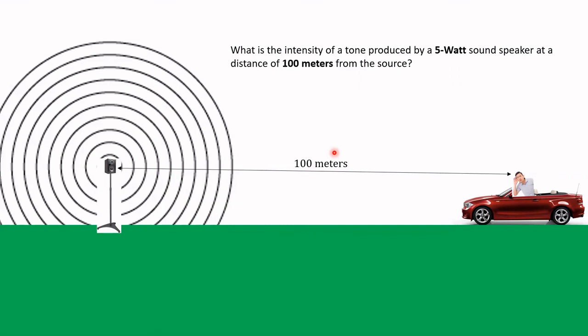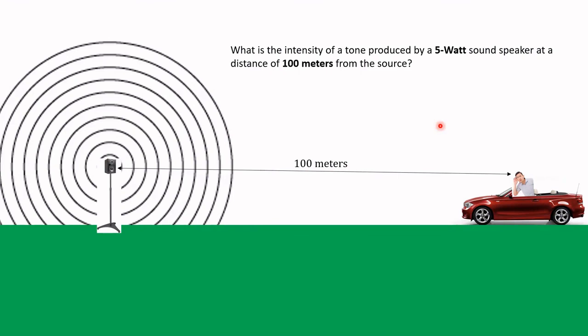So can we really be confident that the 5 watts of electrical power going into the speaker actually result in 5 watts of mechanical power that's conserved on its way out? Doubtful. So this calculation is really just approximate.